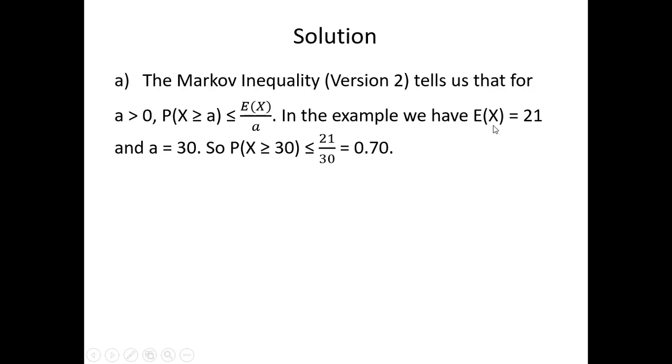That gives us E of X. A is 30, so the probability X greater than or equal to 30 is less than or equal to 21 over 30, or 0.70.